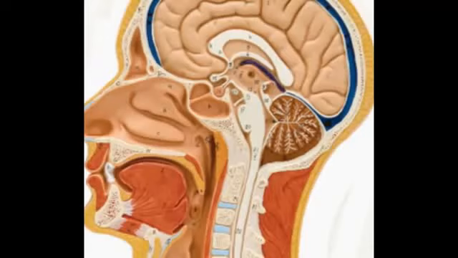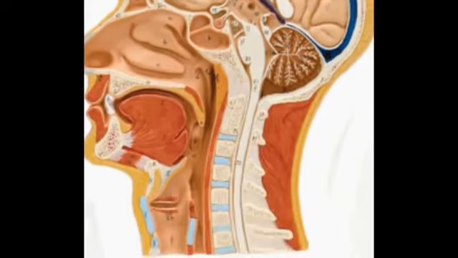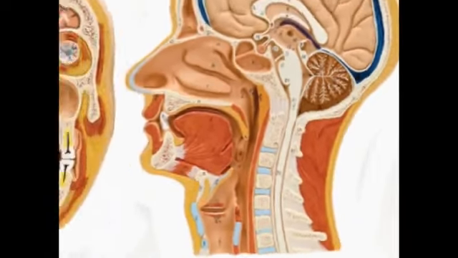Actually, the thalamus, pituitary gland, uvula, and conjunction between both joints are on the line. Okay. Then we go to the next slide.